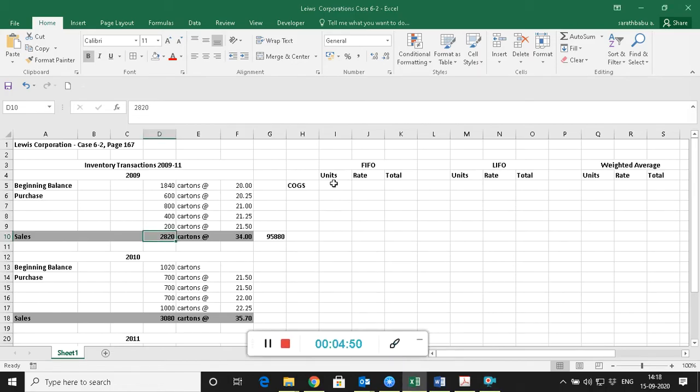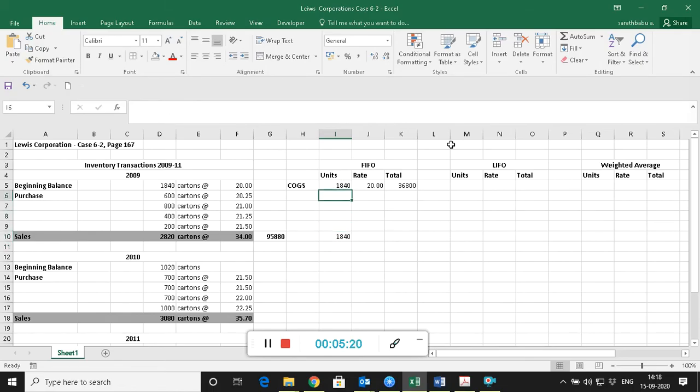The first lot, FIFO means first in, first out. So what is my first lot? 1840. I'll be consuming 1840 at the rate of $20, and the total is 1840 into 20. So this first lot I have used. Let me do a sum over here.